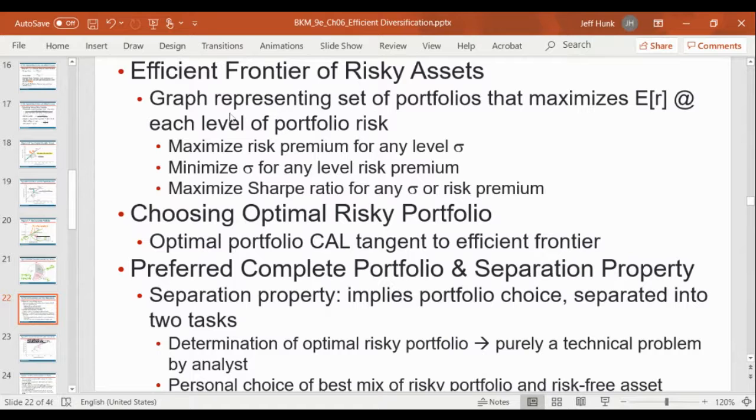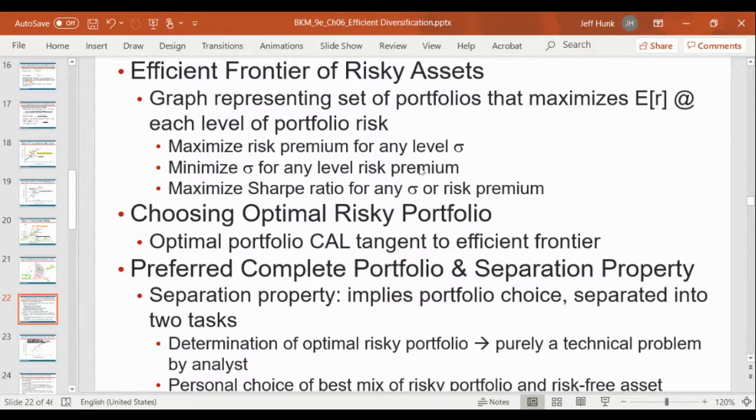It's a graph representing several portfolios that maximize the expected return at each level of portfolio risk. In other words, given a standard deviation level, there are multiple choices of expected returns, and of course for a given risk level, the higher the return, the better.